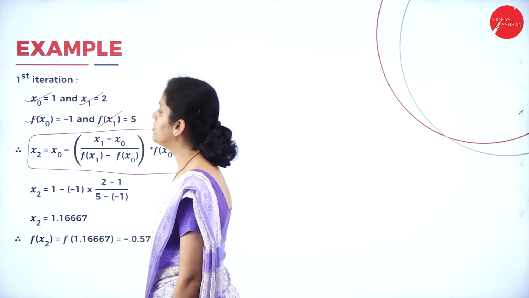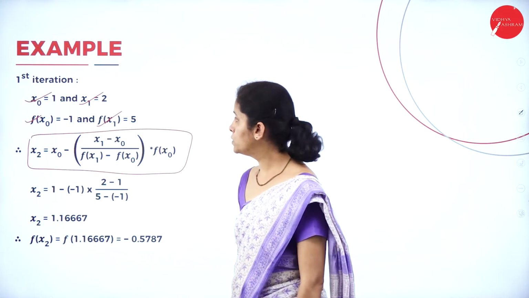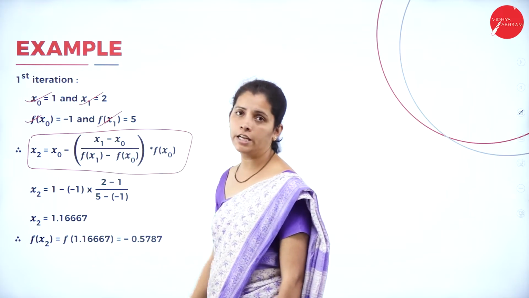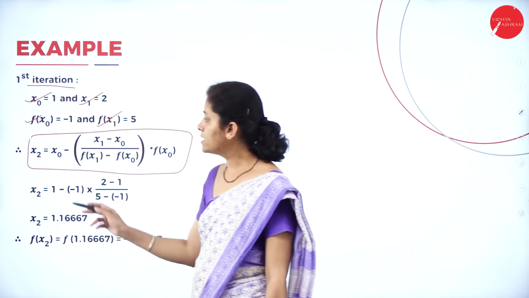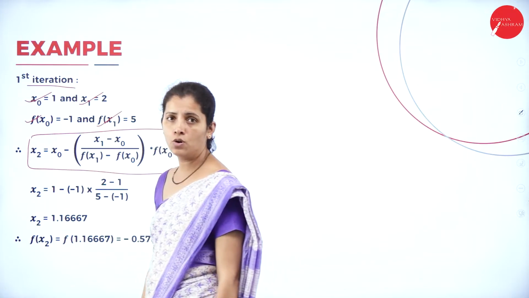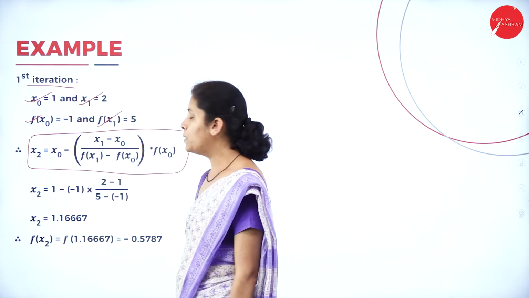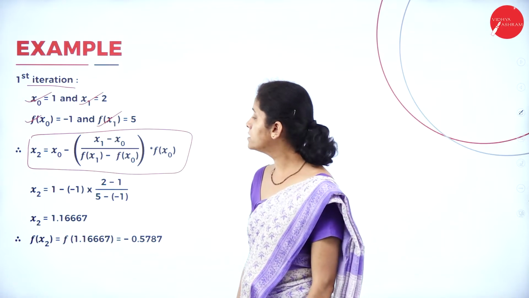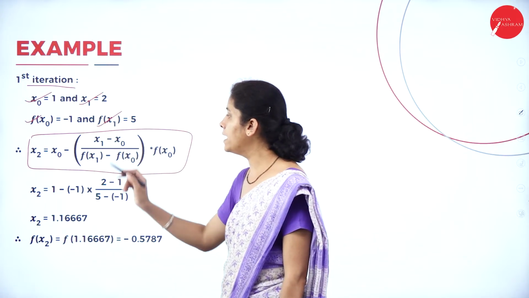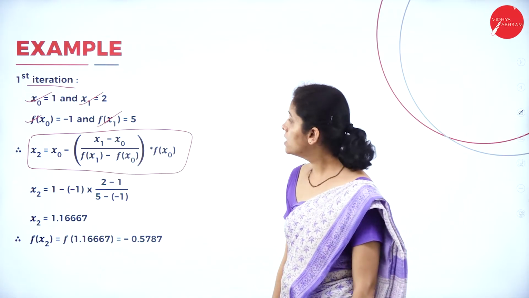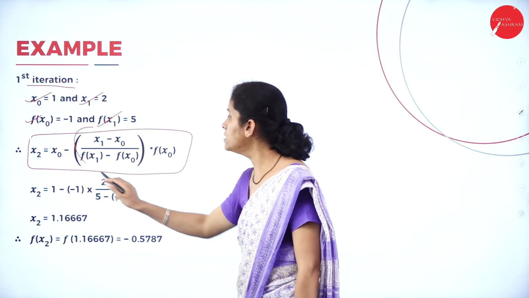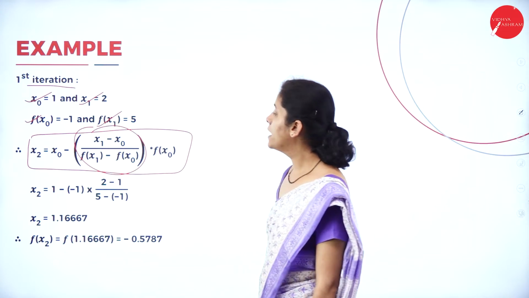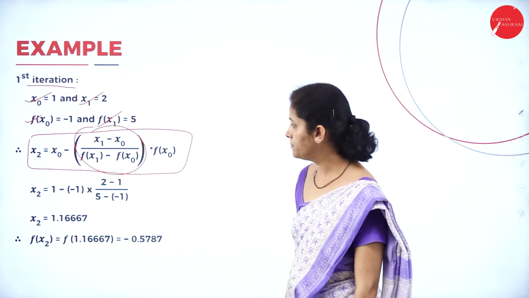This is my formula, x2 equal to, so this is my first iteration. Now x2 equal to x0 minus (x1 minus x0) divided by (f of x1 minus f of x0), and this whole thing is multiplied by f of x0.